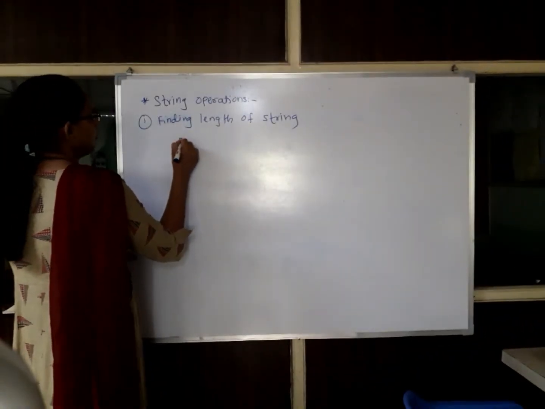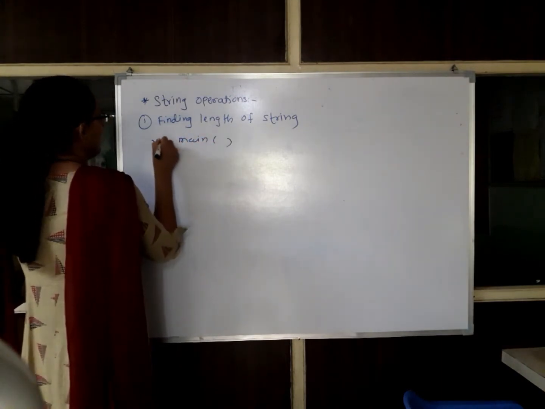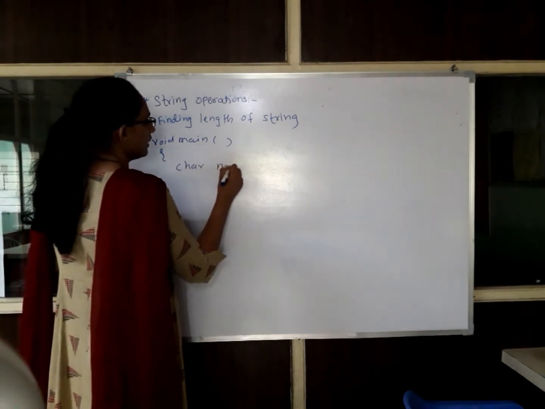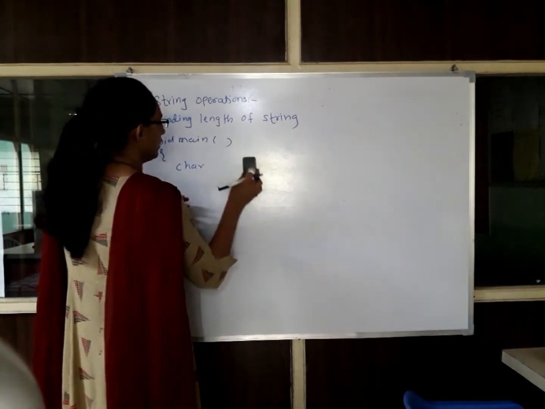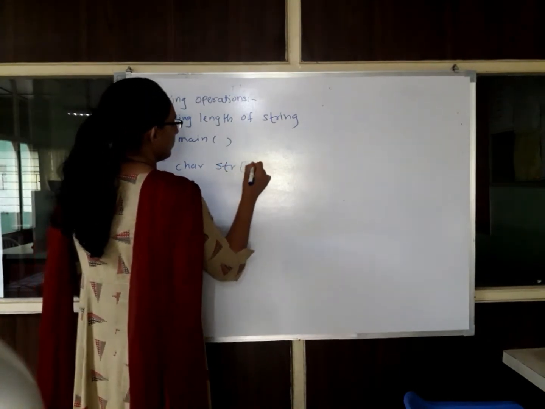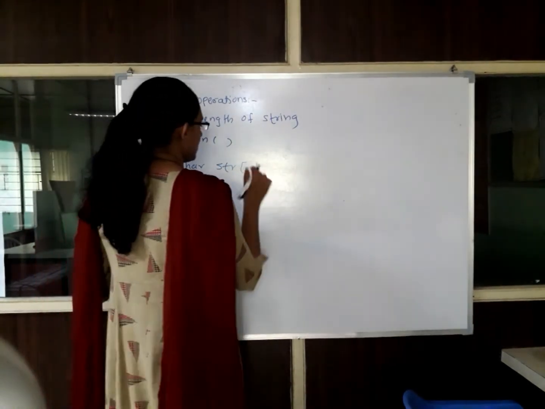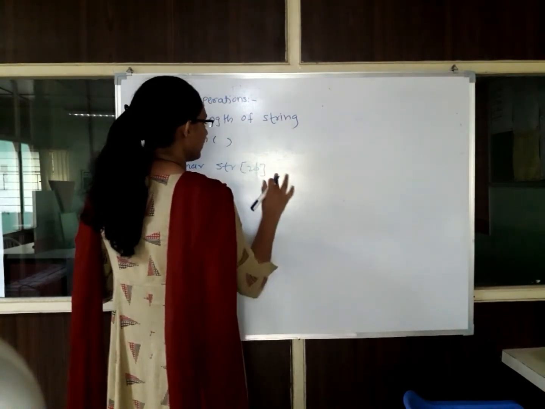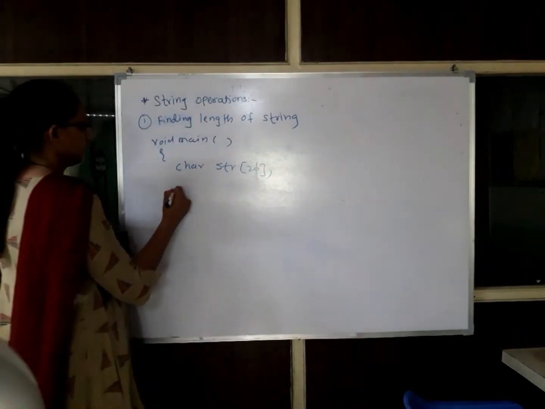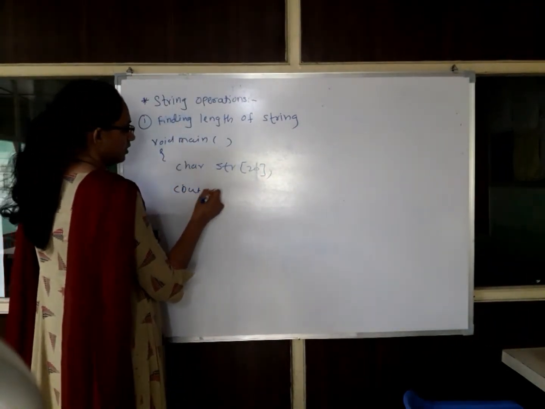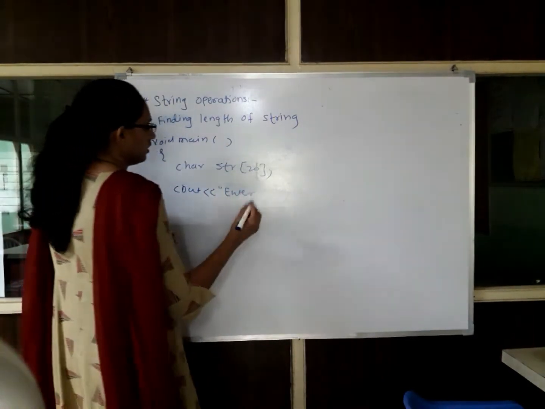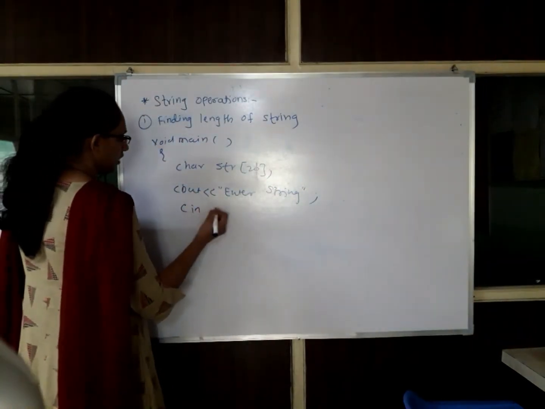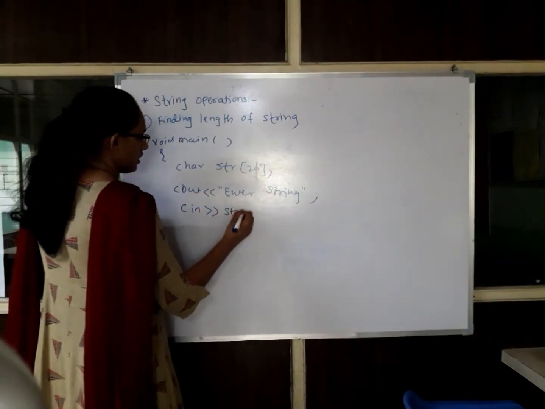Now, in main void, we are taking one array str of 20, and we take the string from the user. So cout "enter string" and then cin str.